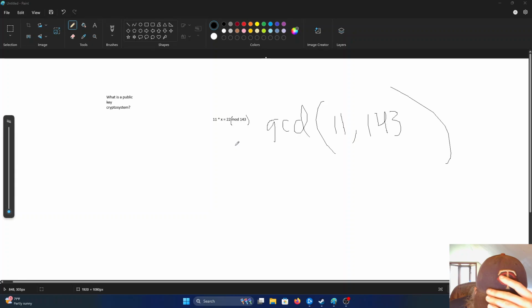Here we divide the whole equation by g to produce the equation a prime times x prime equals b prime mod n prime, where a prime equals a over g, b prime equals b over g, and n prime equals n over g.